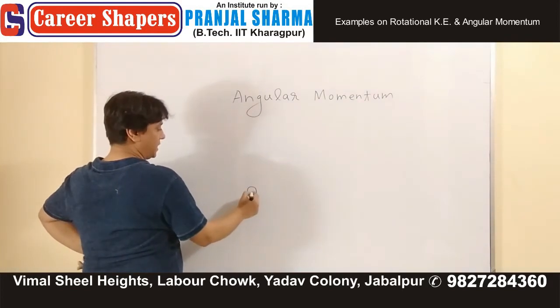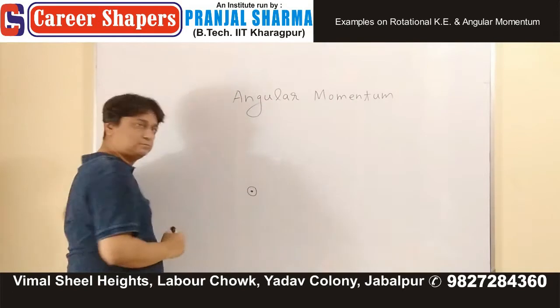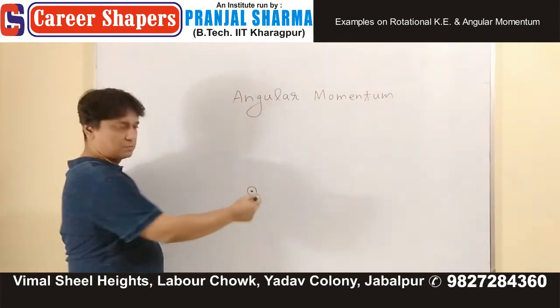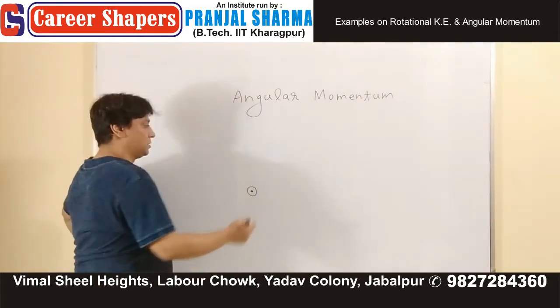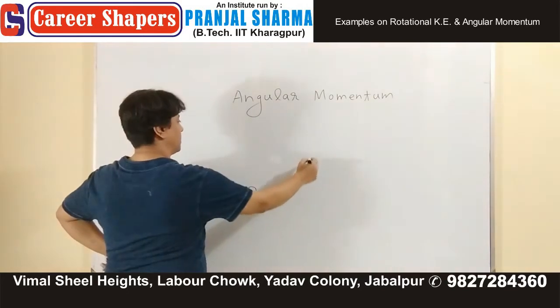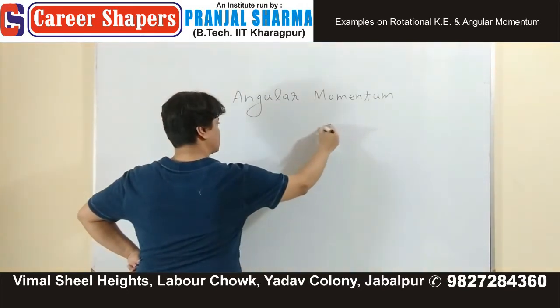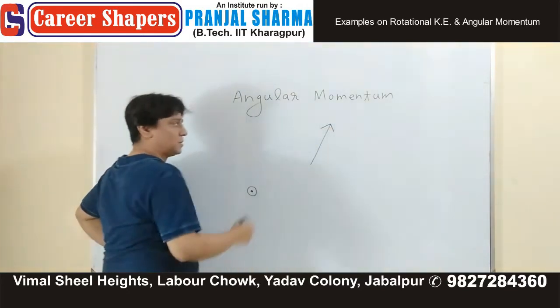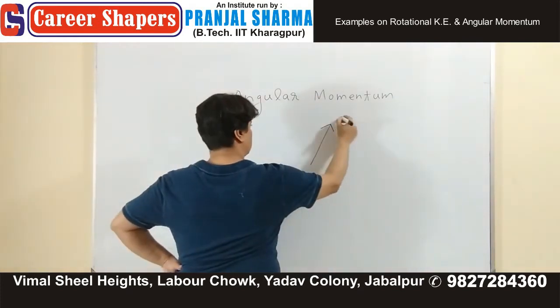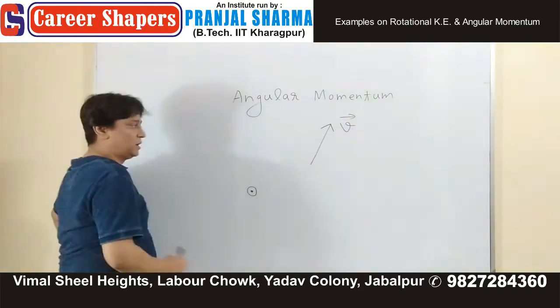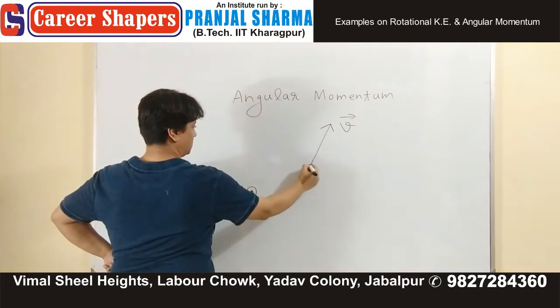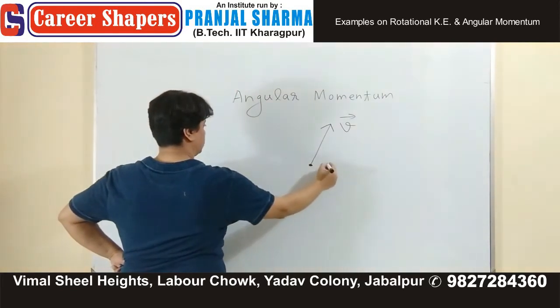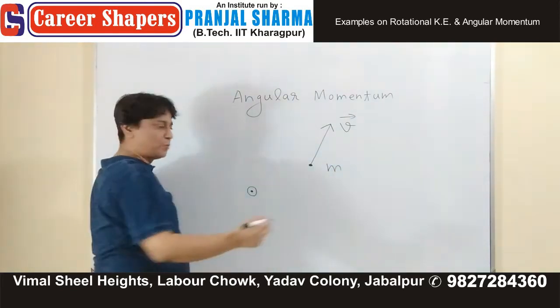Let's say this is the axis of rotation and an object is moving in this direction with velocity v. This is m, which is the point mass.